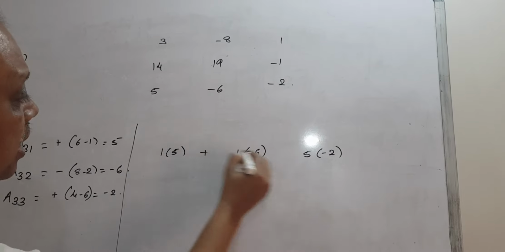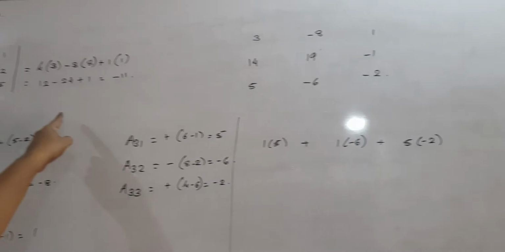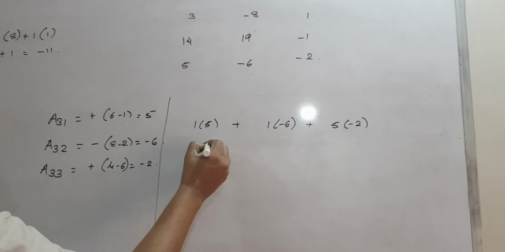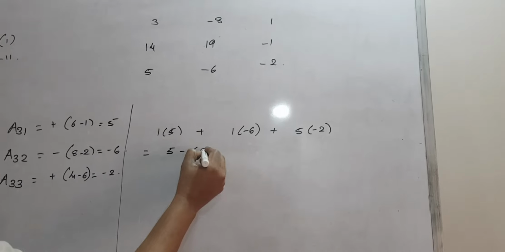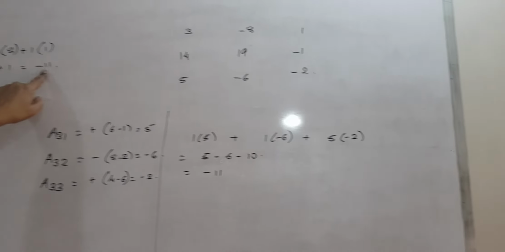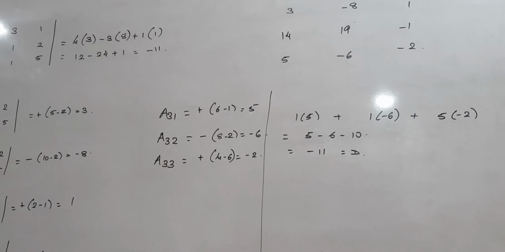And if we multiply the elements of any row with their cofactors, क्या मिल रहा है? चलो देखो, 5 minus 6 minus 10, so it should be minus 11, and that is your value of determinant D.